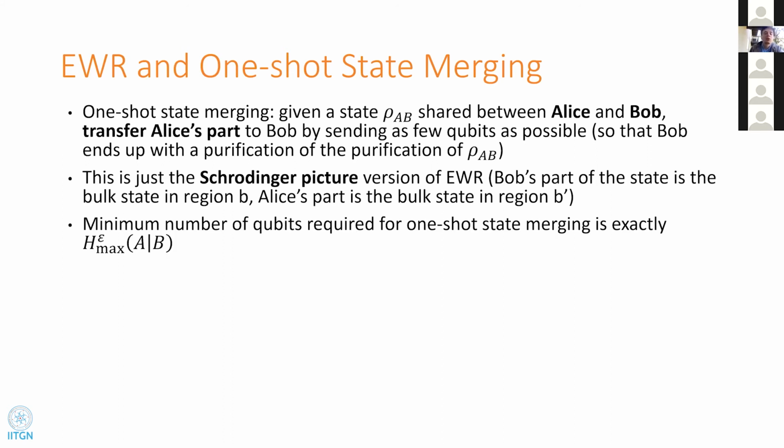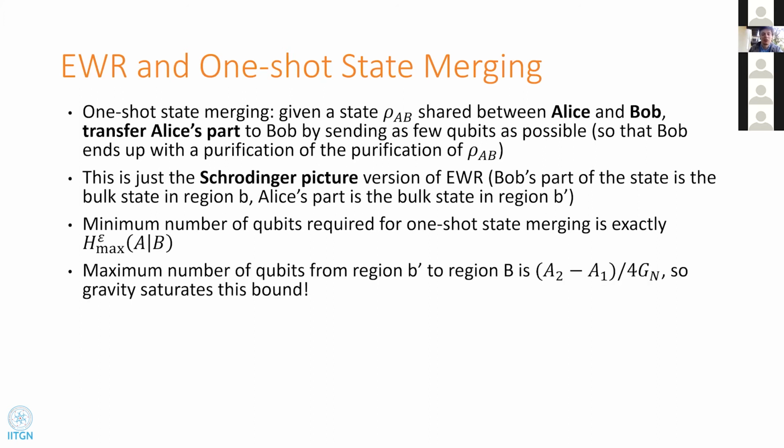The minimum number of qubits that you need to send to do one-shot quantum state merging is exactly this smooth conditional max entropy. So it's exactly the same thing that we found in EWR, which needed to be less than the area difference. But the maximum number of qubits from region little b prime that you can learn about from boundary region big B is indeed the difference between the two areas, A1 and A2.